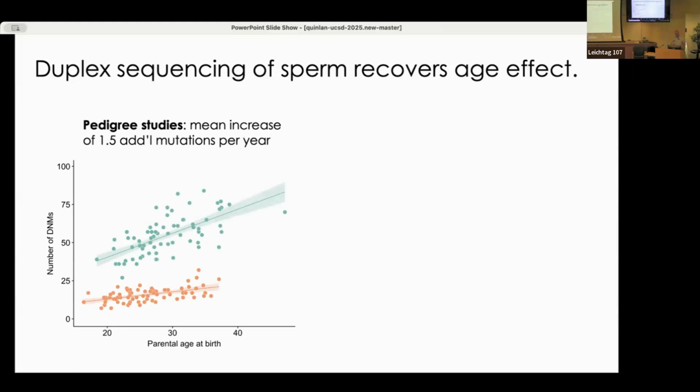So both eggs and sperm accumulate mutations with time. This left plot was from the pedigree study, where we're basically finding mutations in the kid. We use nearby sites to infer whether it came from the single sperm or the single egg that led to that child. And what we know from those studies is that there are an additional 1.5 extra mutations per year for sperm and about 0.3 extra single nucleotide mutations per year for egg.